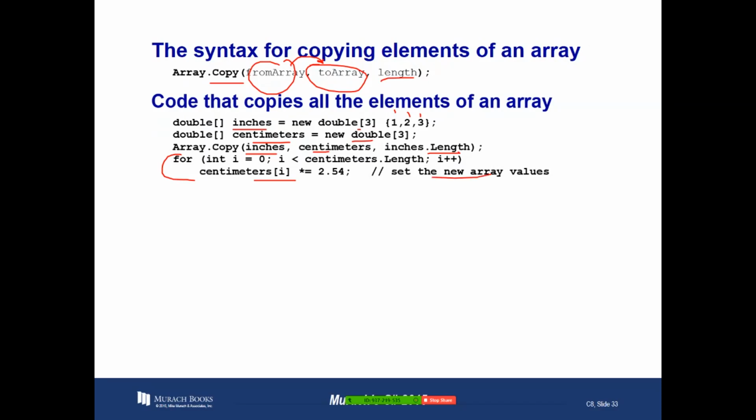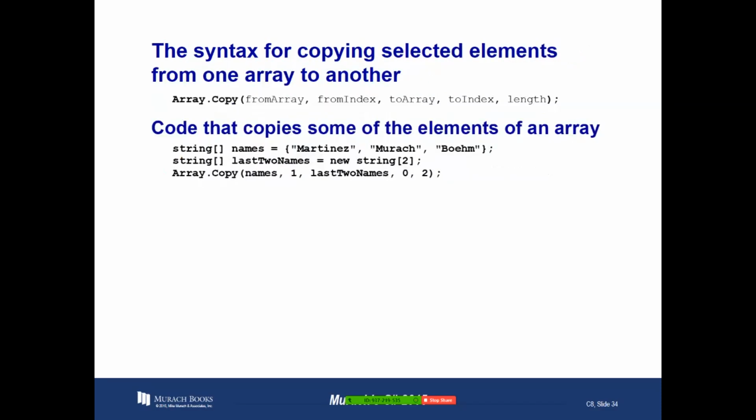So these are new array values. And this is another use of the copy, where we're specifying indexes here. So they don't necessarily have to be like 1-to-1.